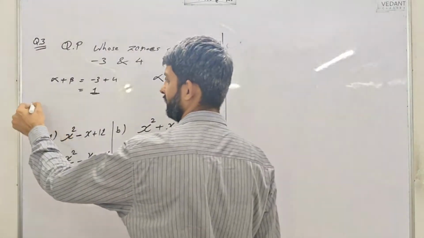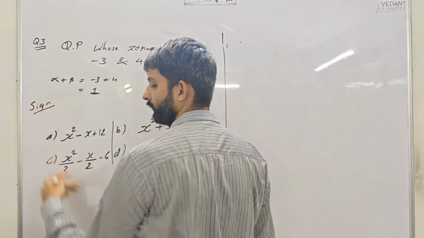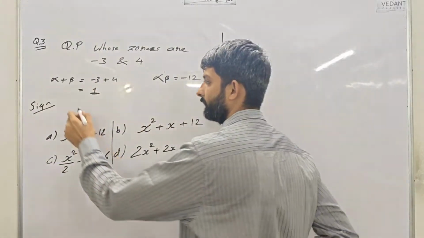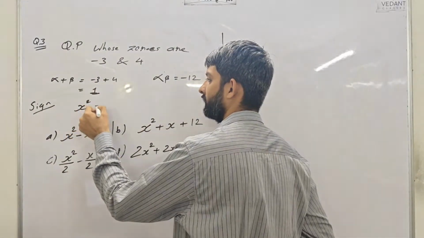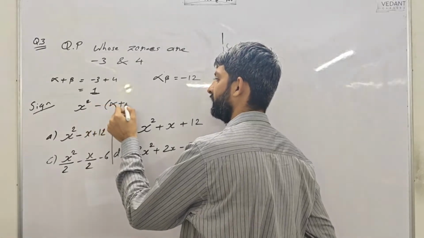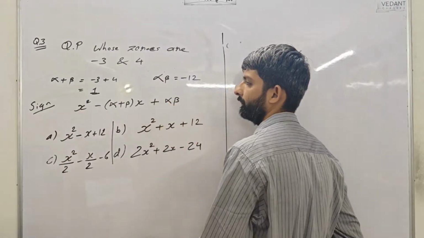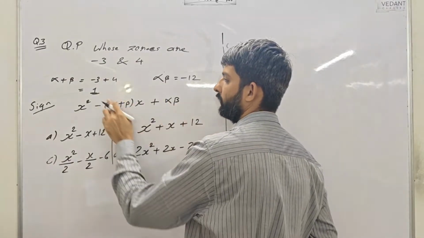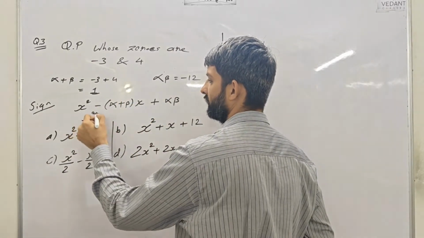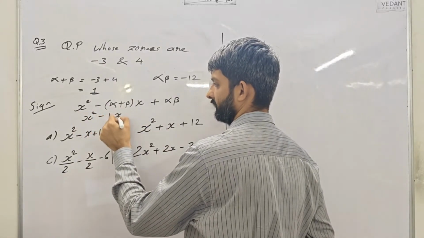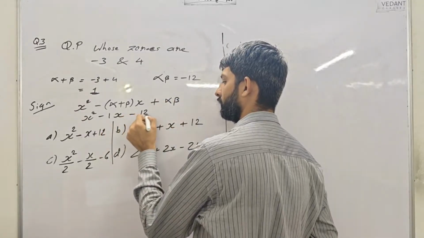Now just check the sign. So from that even you can easily identify. Let's see. General form is x square minus alpha plus beta x plus alpha into beta. Now if I put 1 over here, it will be x square minus 1x, and here it will be minus 12.